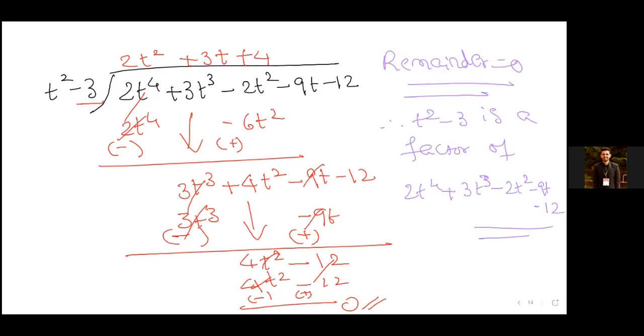This is how we find out whether it is a factor. If the remainder we obtain is 0, then we can say it is a factor.